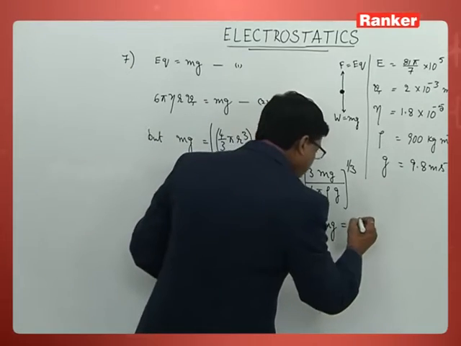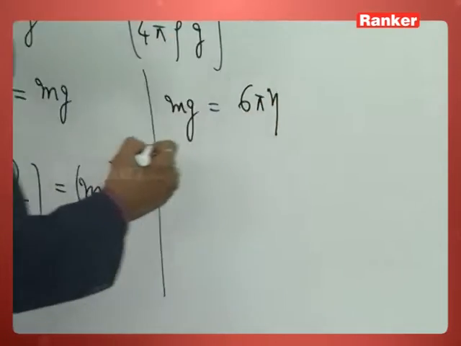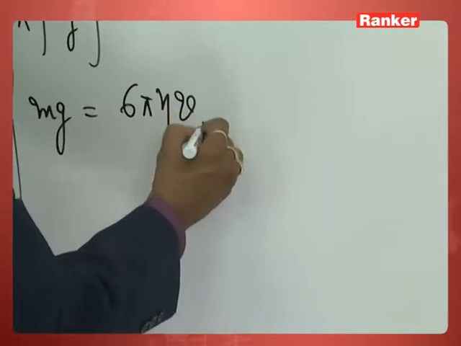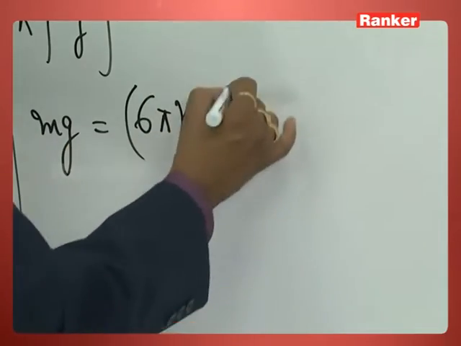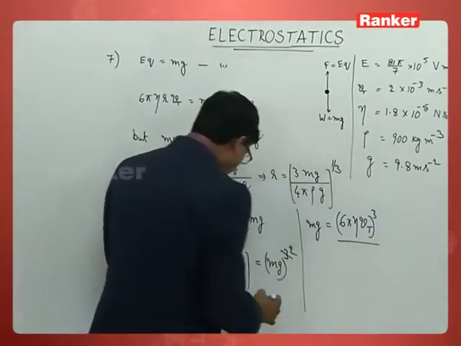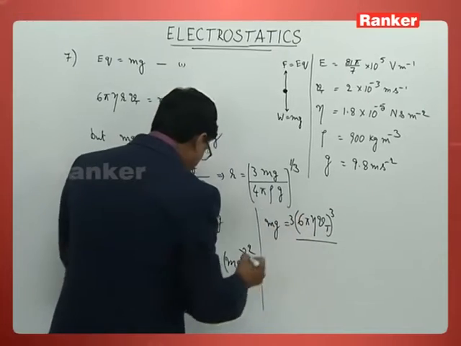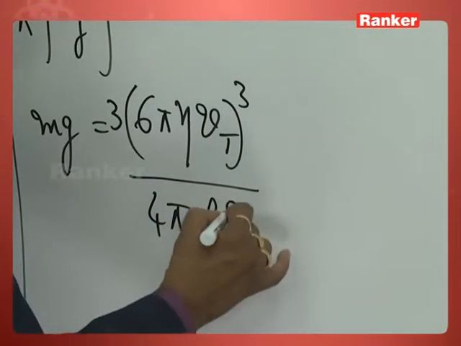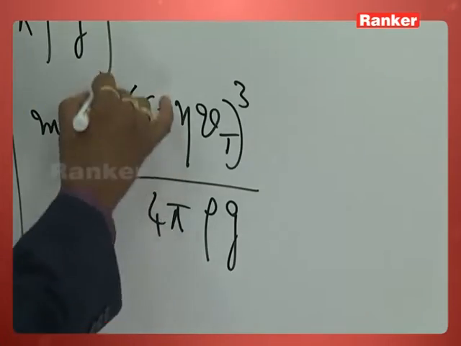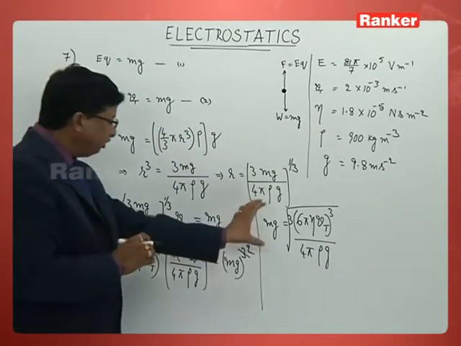It will now be 6 pi eta, this value of V terminal, right, whole cube divided by, what is next here we have? This 3 comes over here and this one will be 4 pi rho g whole under root. That is mg.